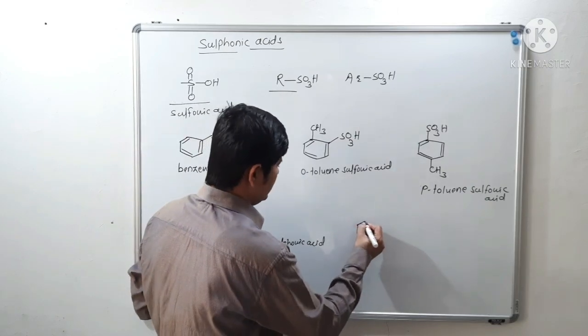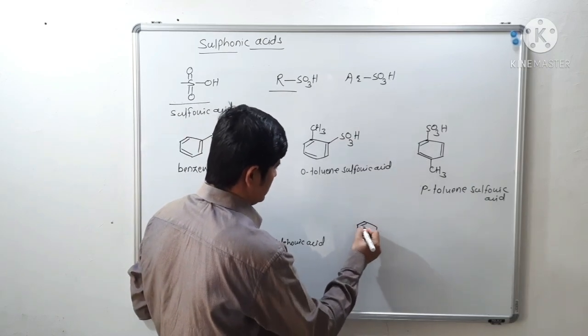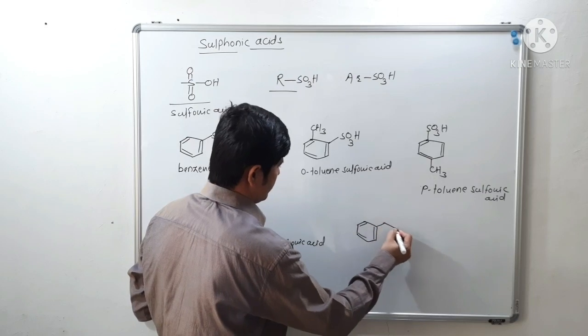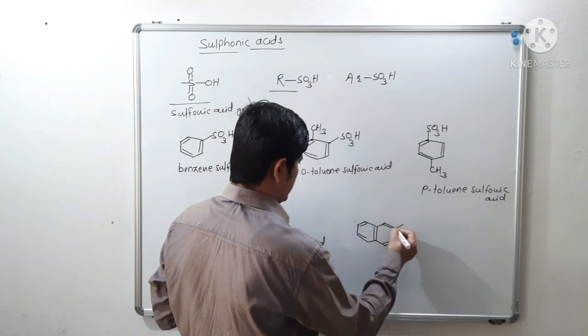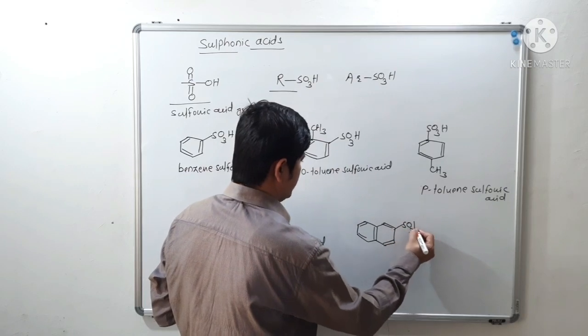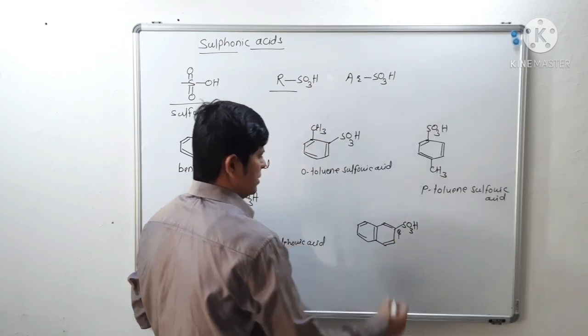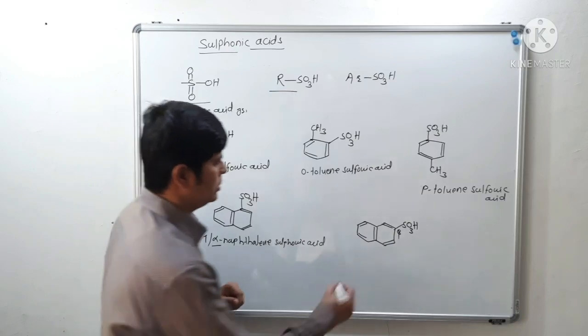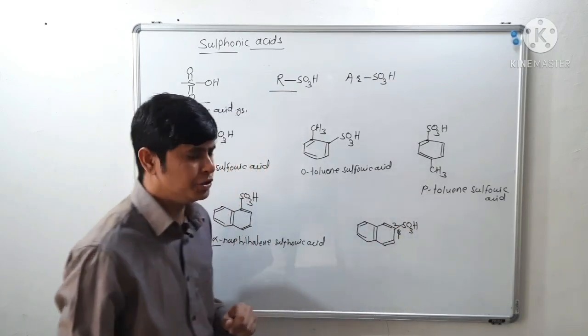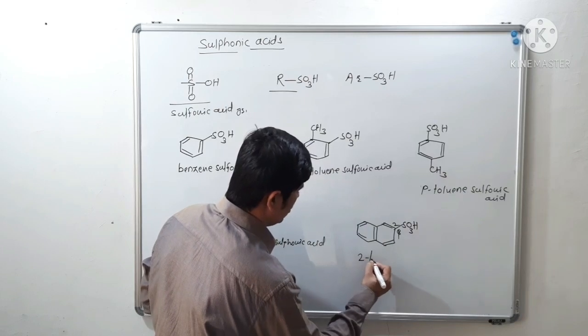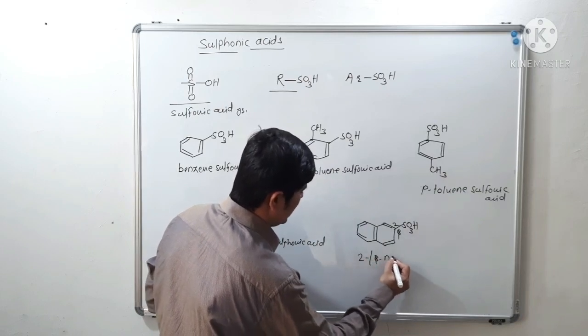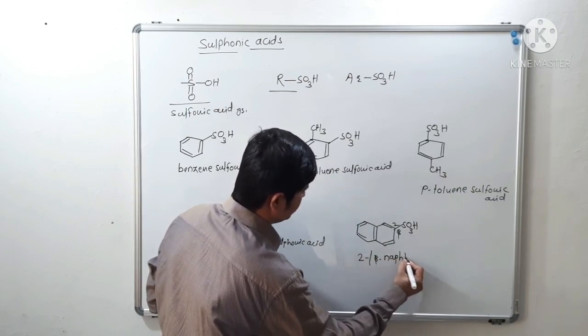When the sulfonic acid group is attached at the beta position, or second position, the name of this compound is 2 or beta naphthalene sulfonic acid.